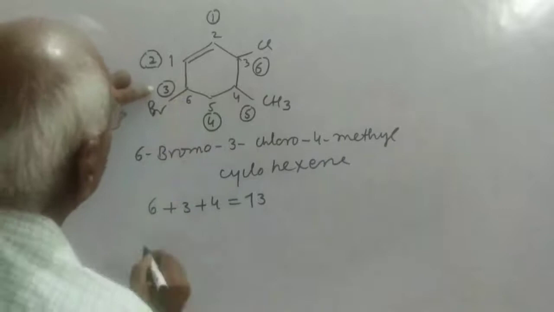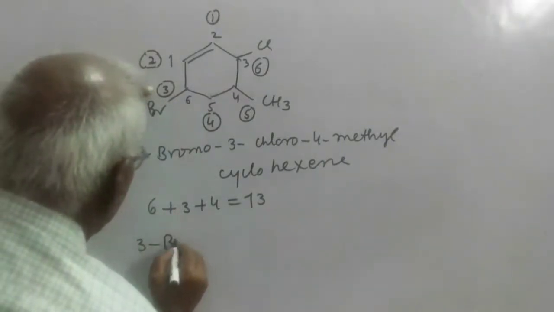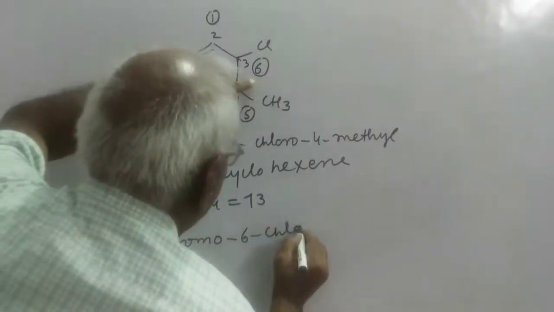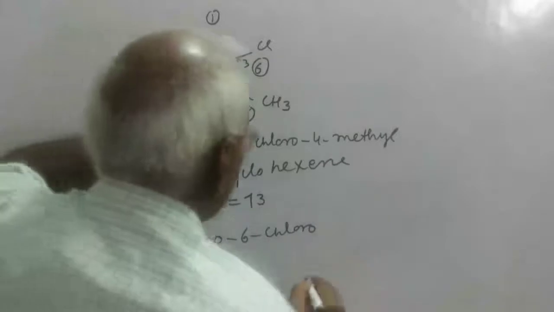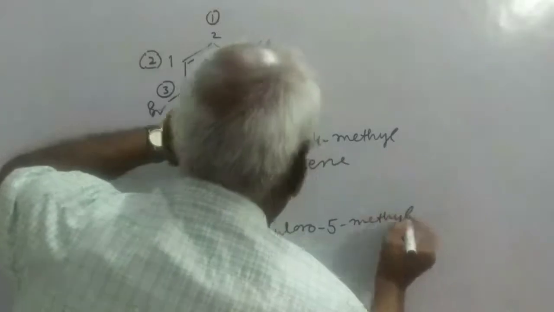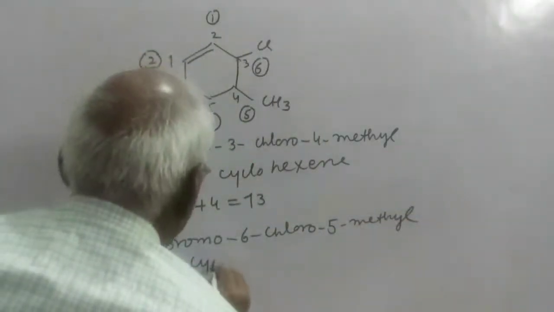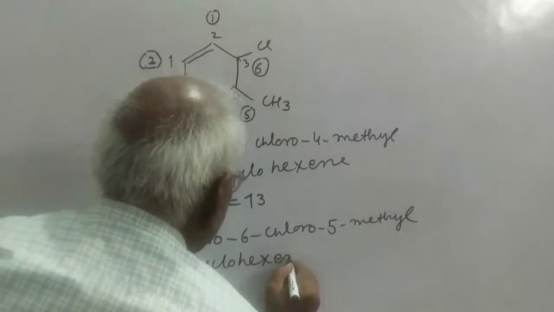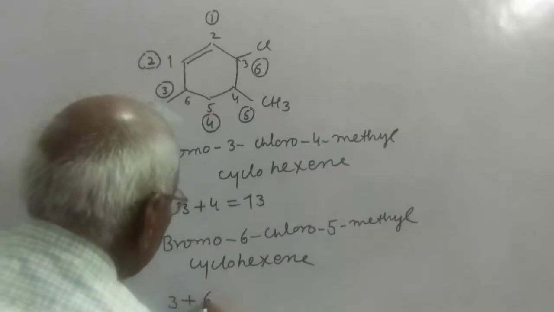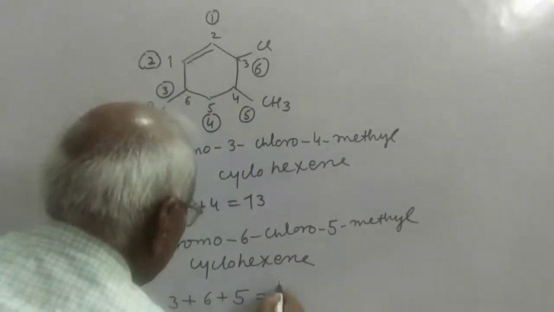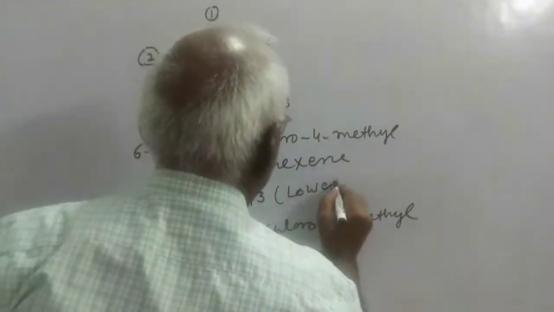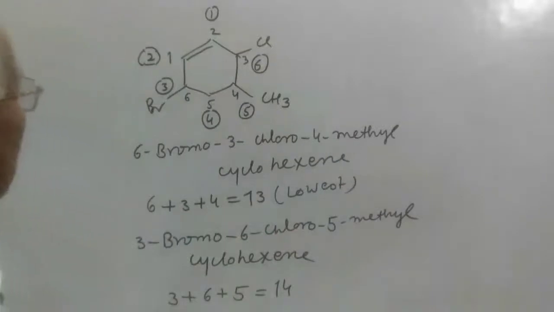So it is 3-bromo, 6-chloro, 5-methyl cyclohexene. Now see the numbers: 3, 6 plus 5, it is 14. Which one is lowest? This is the lowest number. So the lowest sum rule is used.